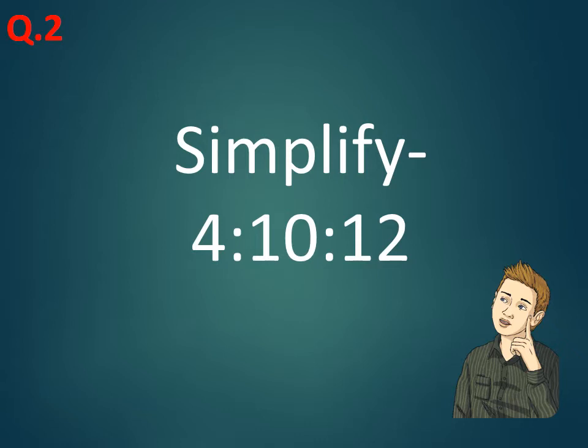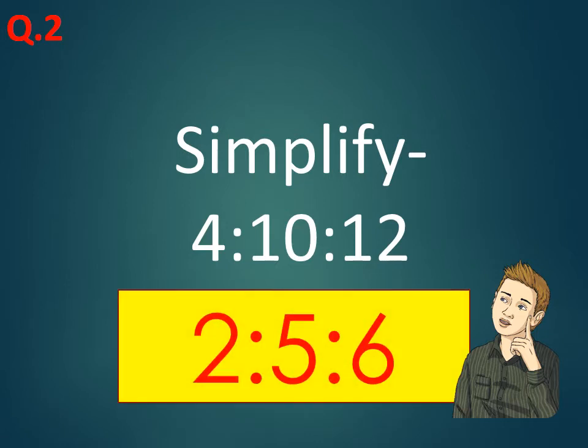So what is the highest common factor between these 3 numbers? Yes, it's 2. So 4 divided by 2 equals 2. 10 divided by 2 equals 5. 12 divided by 2 equals 6. So after I simplified, the ratio becomes 2 to 5 to 6.